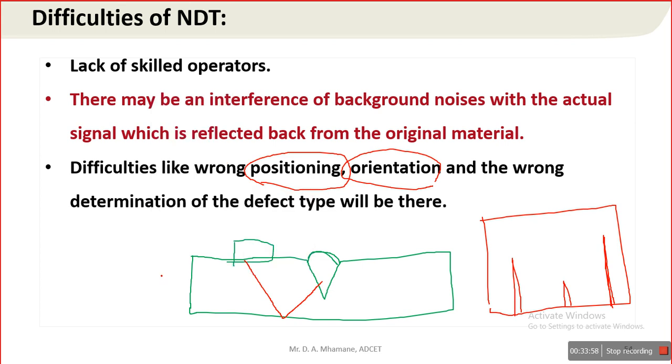Because we can't see the component internally, we just observe it from the outer side, and only by visual inspection we can't say that there is no defect inside the component. So if we make a wrong position of the transducer, we get wrong responses from the component, and we may fail in this evaluation.